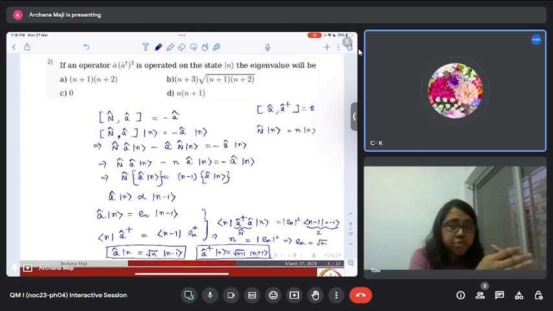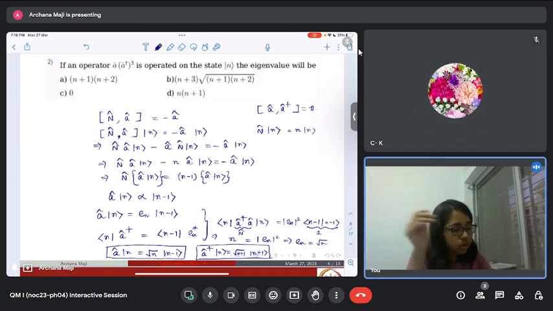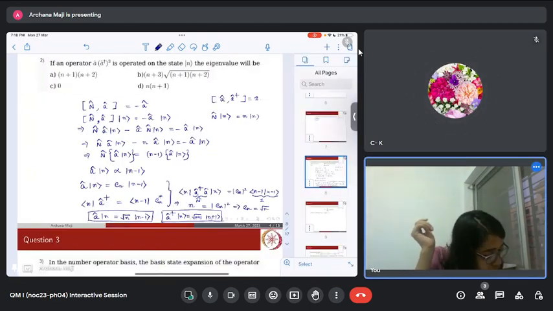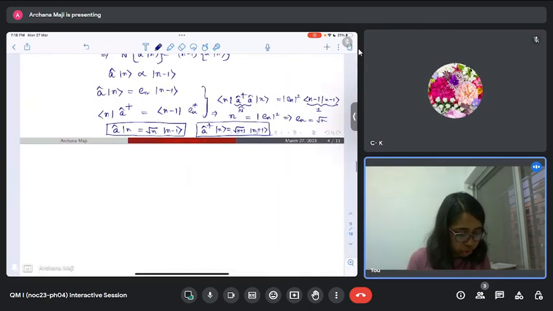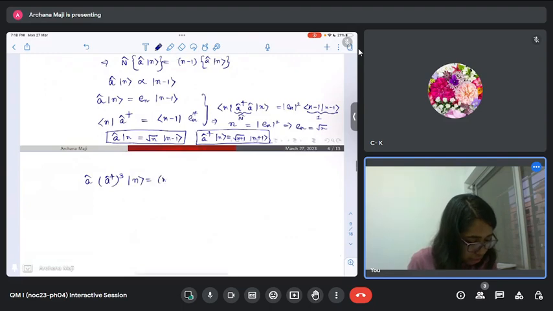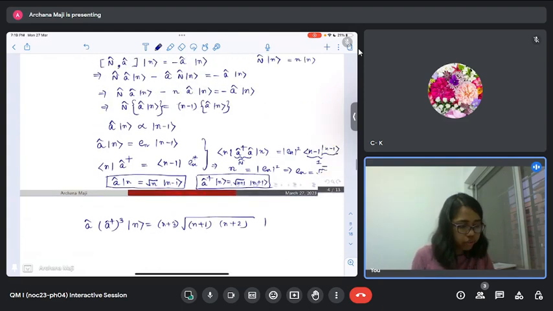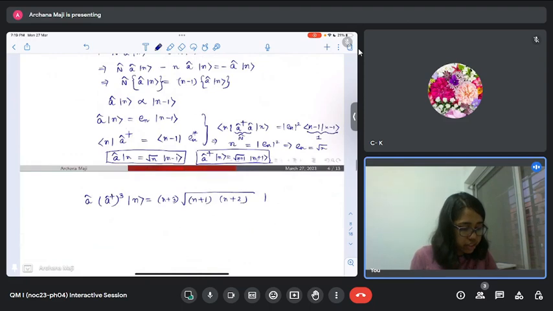Madam, B. Option B. Okay, let me just write down what you are getting. A dagger whole cube acting on state n, you are getting n plus 3 square root of n plus 1, n plus 2, and then what, the ket that you are getting?